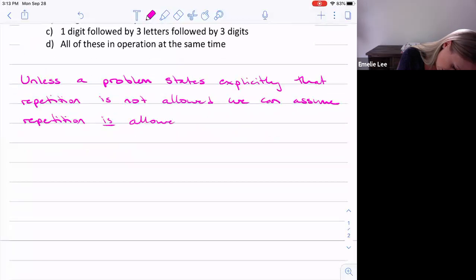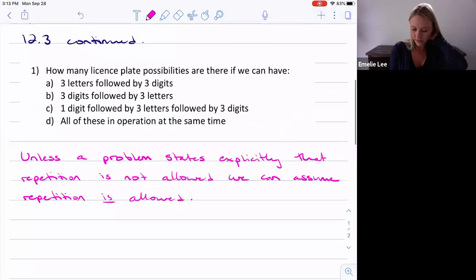Okay, so here, because it doesn't say 3 letters without repetition followed by 3 digits without repetition. It just says 3 letters followed by 3 digits.